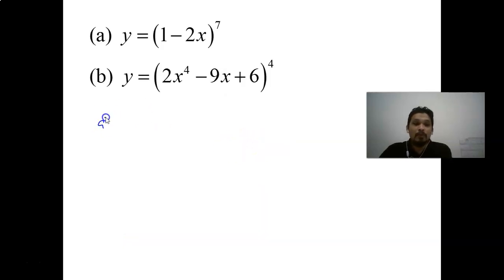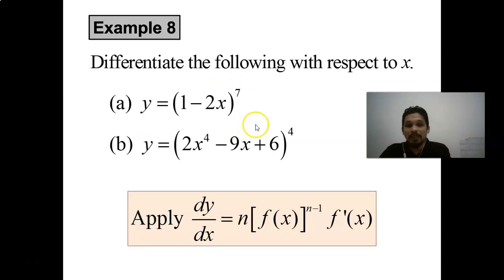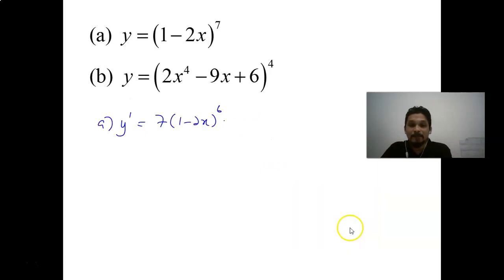So for a, y prime equals, okay, now slowly differentiate the function. We bring down the index of power, which is 7: 7 times (1 minus 2x) to the power of 7 minus 1 equals 6, multiplied with, don't forget that we need to multiply with f prime of x here.